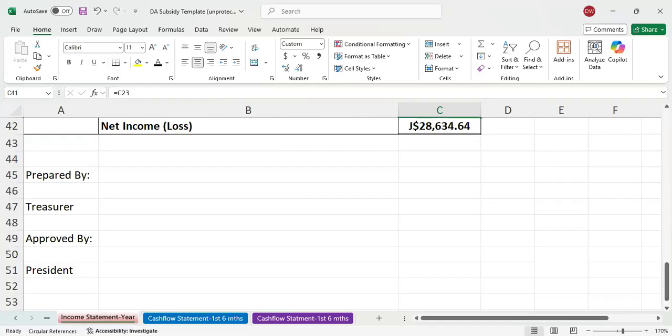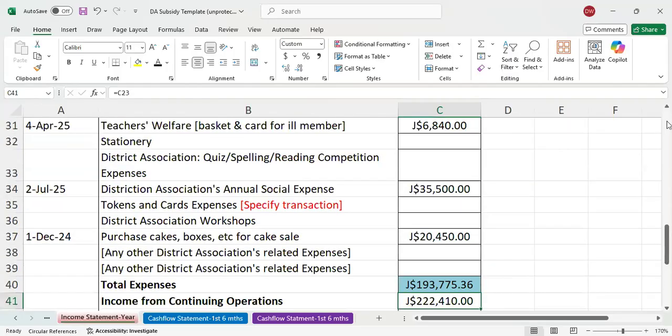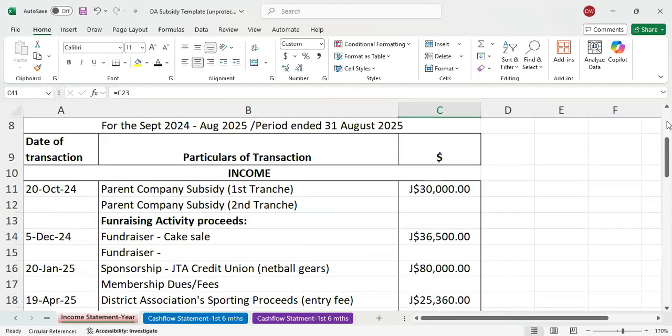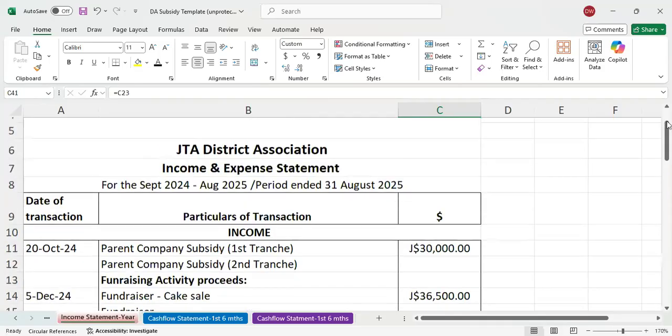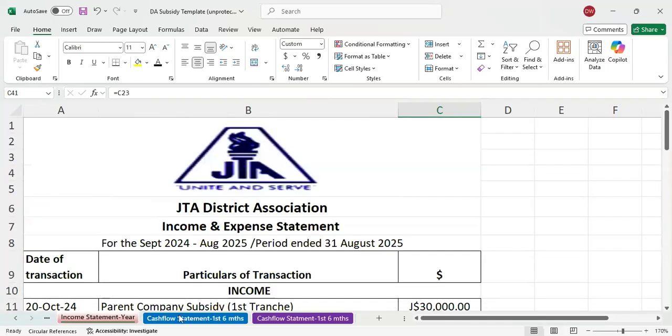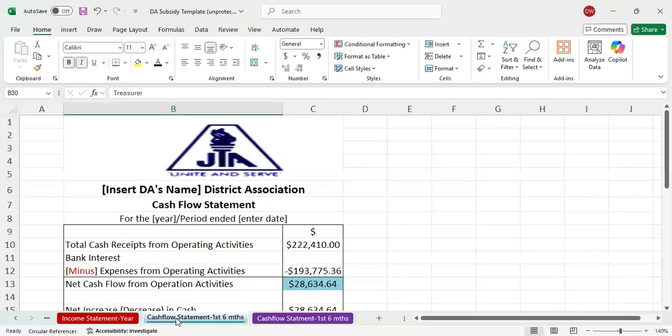What is critical for the treasurers is to ensure that they safeguard or keep all their financial documents. Now, there are times when your receipts may fade based on the quality of the paper and the ink.